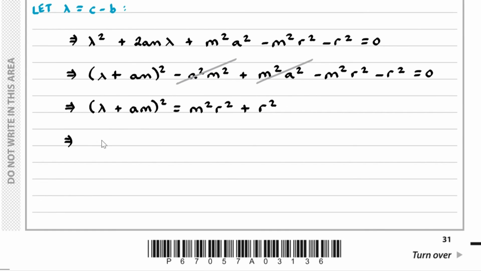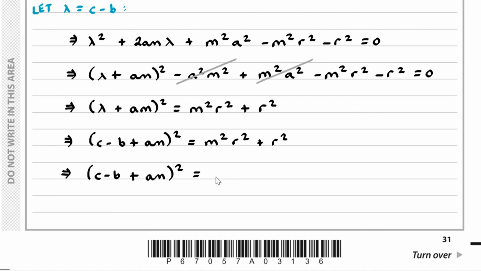So knowing that lambda is c minus b, we have (c minus b plus am) squared equals m squared r squared plus r squared. And at this point, if we factorize out an r squared, we've got (c minus b plus am) squared equals r squared multiplied by (m squared plus 1).